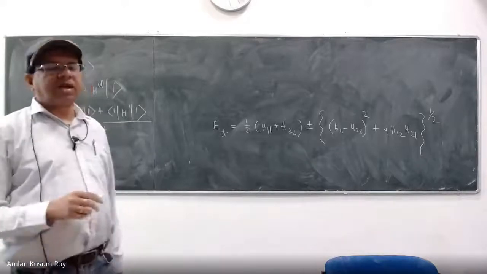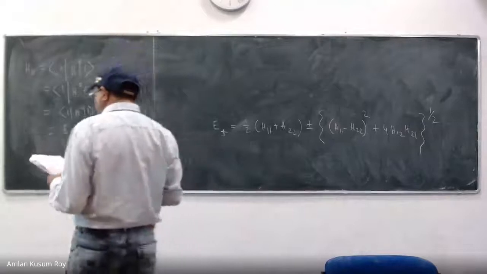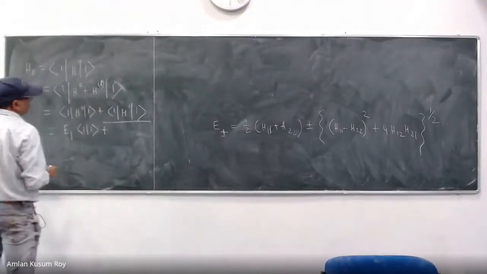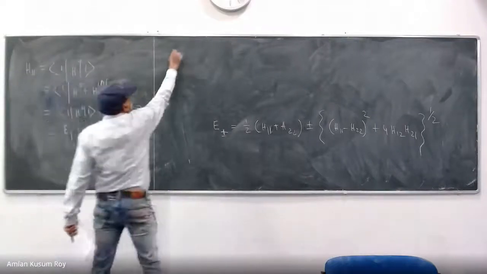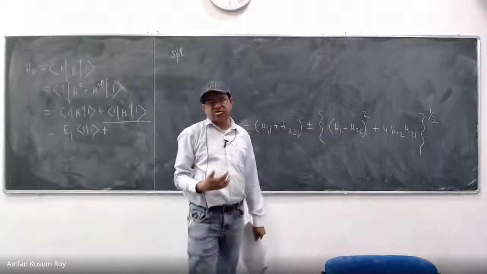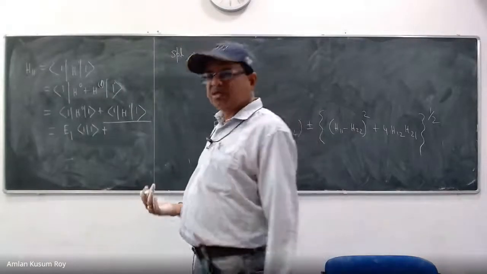Now I make an assumption. Let us see the special case where the diagonal matrix elements are 0. What is the special case? You will see that this special case is not so special actually. It's a very common case which can be applied to many places.